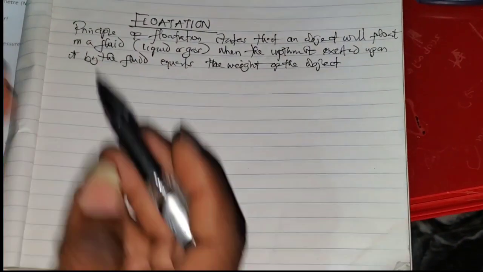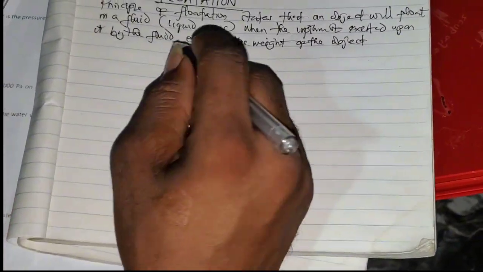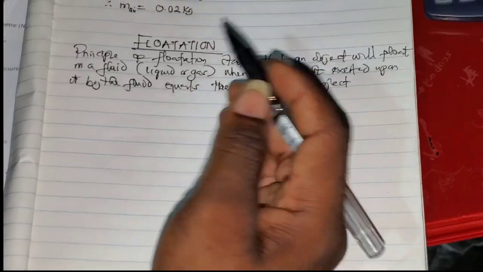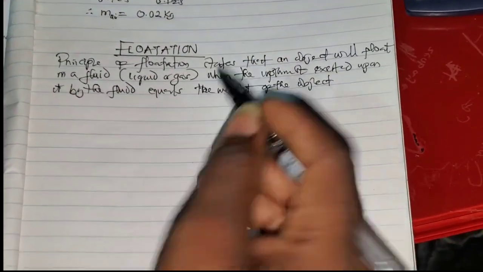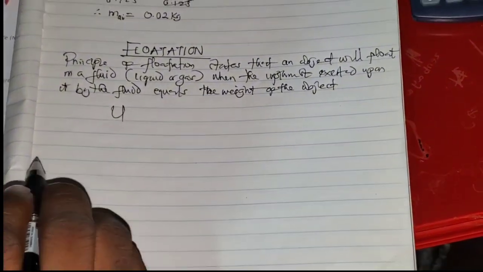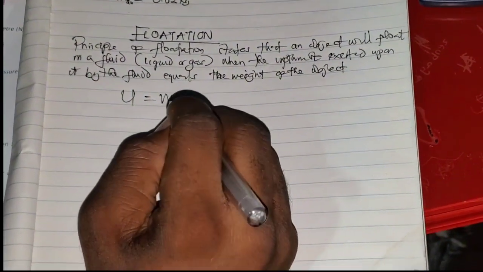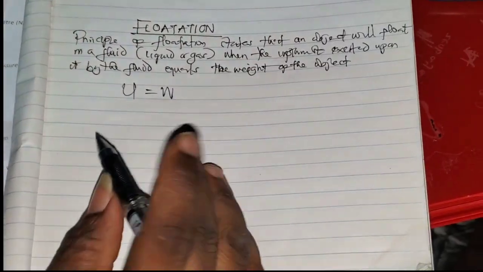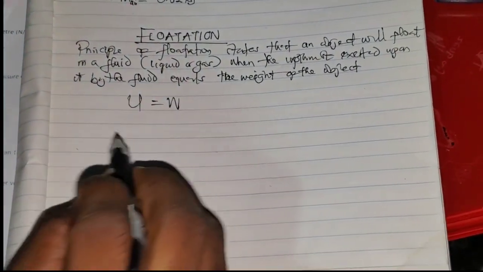When the upthrust exerted upon it by the fluid equals the weight of the object. Alternatively, we can just say that a floating body displaces its own weight. So that means if U equals the weight of the object, then that body will surely float.